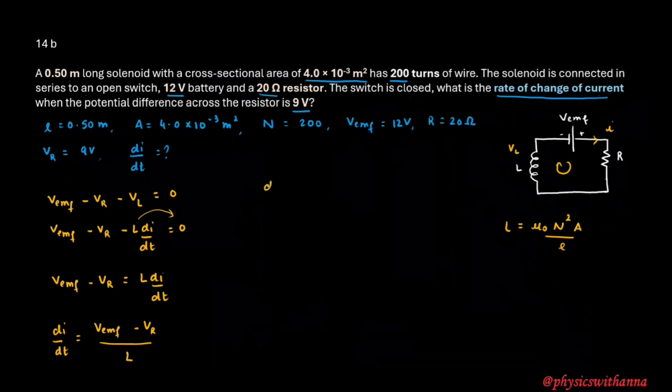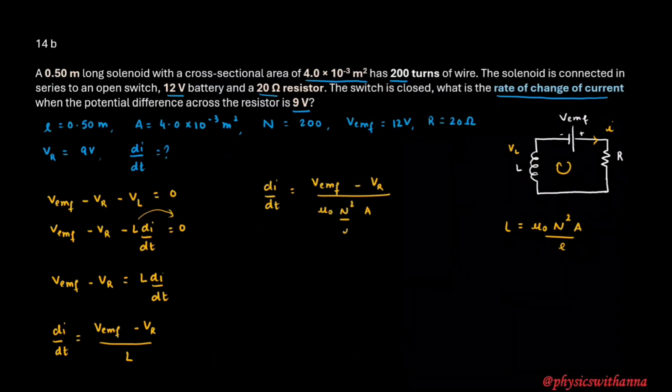So we rewrite this as di over dt equals VEMF minus VR over mu naught N squared A over l. Now let's substitute. VEMF is 12, VR is 9 over 4 pi times 10 to the power negative 7.